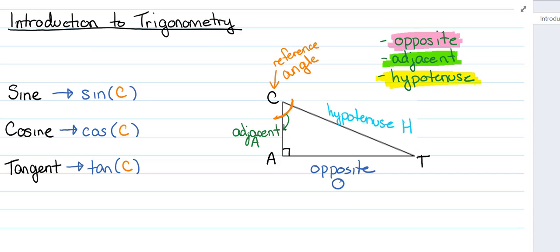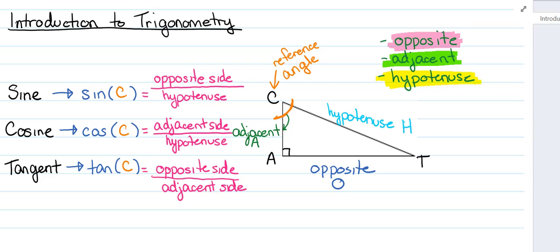And once we get those labels, we need those labels because it helps us to set up our ratios. Our ratios for sine, cosine, and tangent all have to do with either the opposite, adjacent, or the hypotenuse. Here are our ratios for our trigonometric functions. Sine of any angle is always going to be equal to the ratio of the opposite side over the hypotenuse.